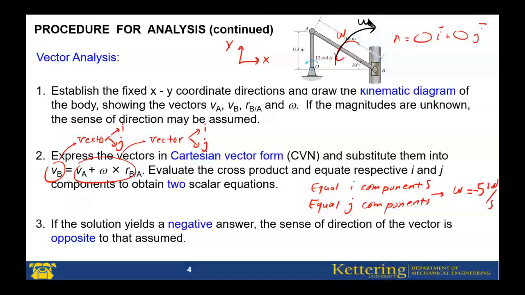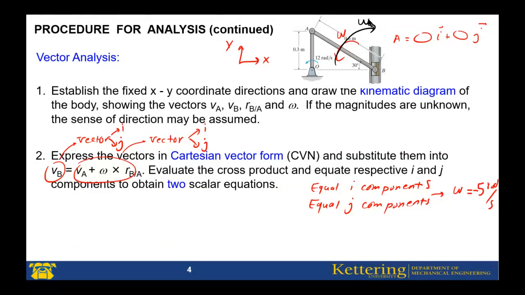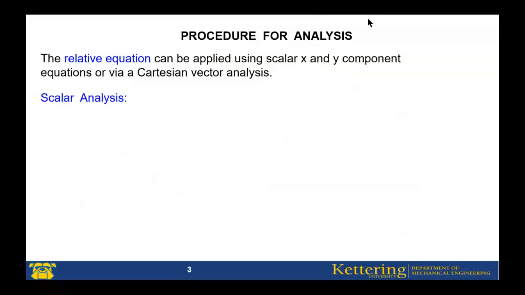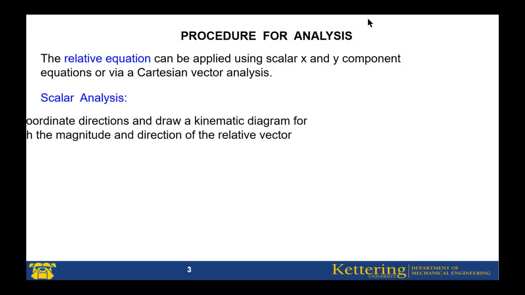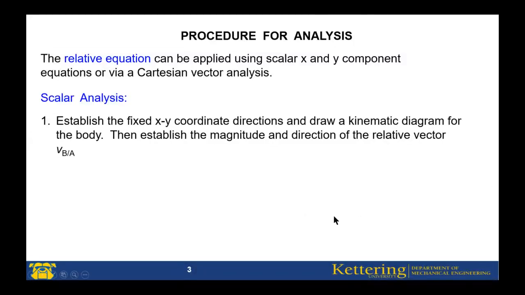Now, when you solve these problems in the vector form, and you're familiar with the vector analysis, then we can do scalar ones. Why scalar ones? Because when you use the scalar one, the first step is similar to the vector analysis.